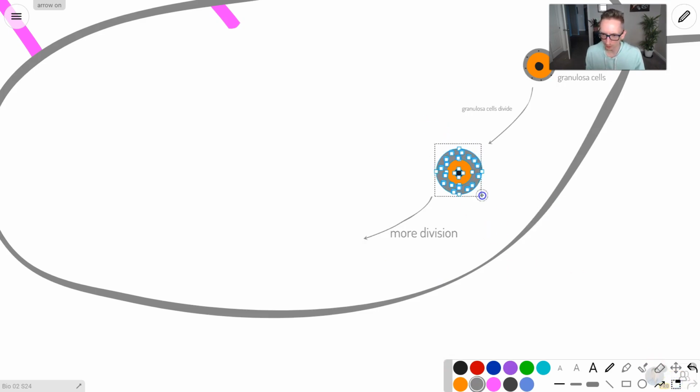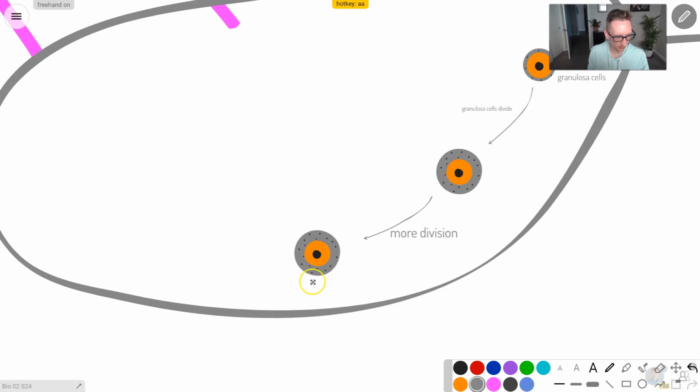We get a whole other layer of cells all around this thing. Maybe I drew it a little big for this first one.